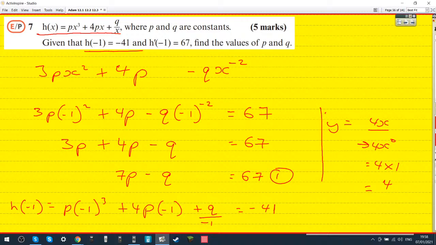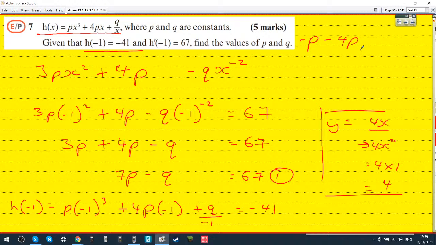And then you can simplify. So it'd be minus p plus 4, minus p minus 4p.